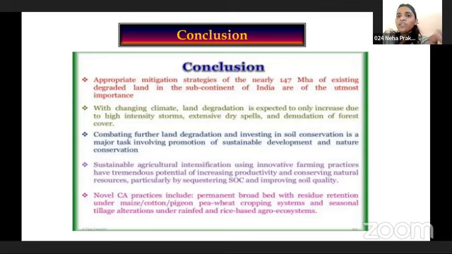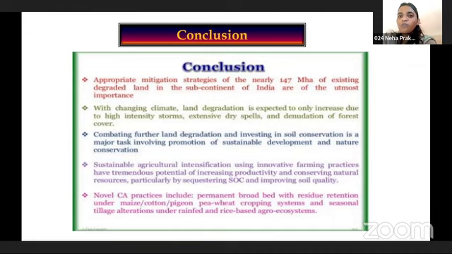We have to go for the cultivation of agri-horticulture systems, agri-silviculture systems, and innovative farmer practices. We have to focus on conserving the soil organic carbon in our soil. With conservation agriculture, we have to go for minimum tillage practices. We don't need to go for conventional tillage practices.